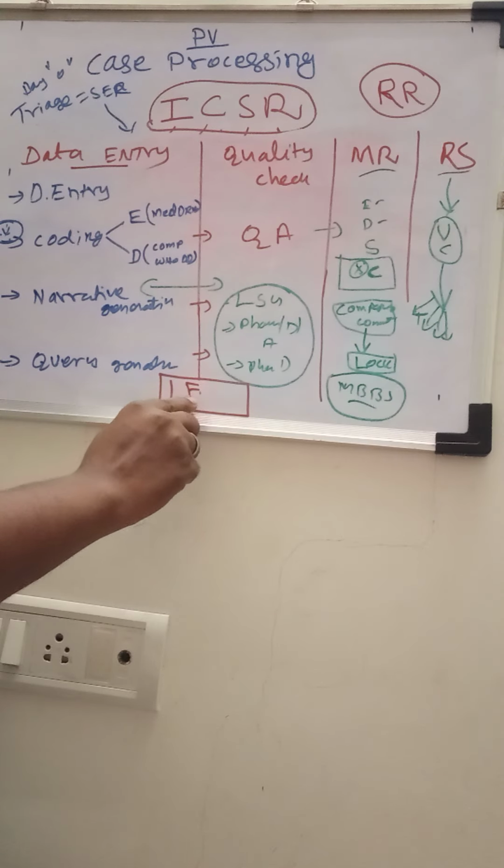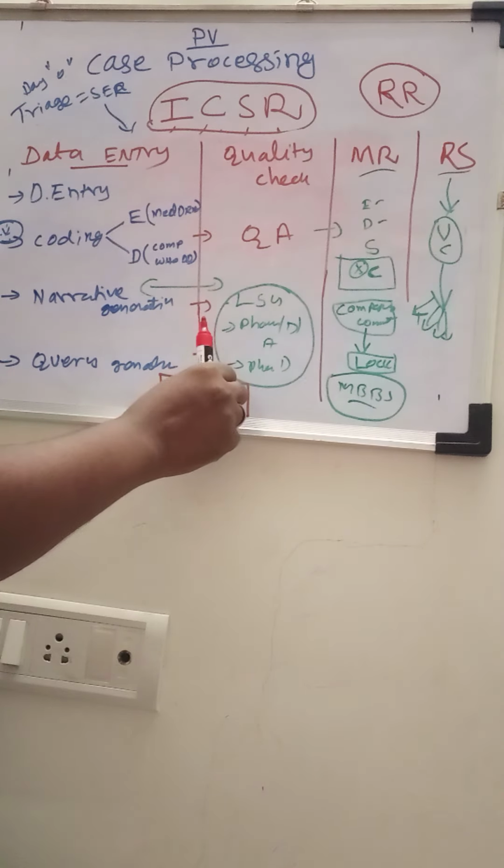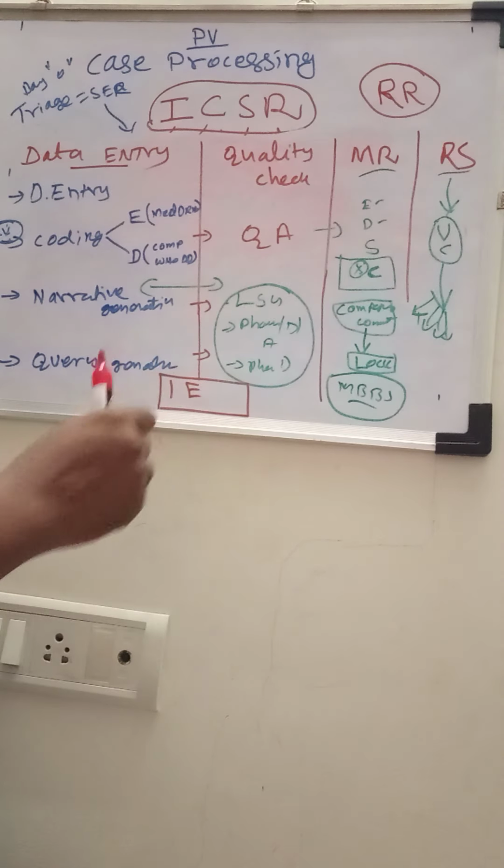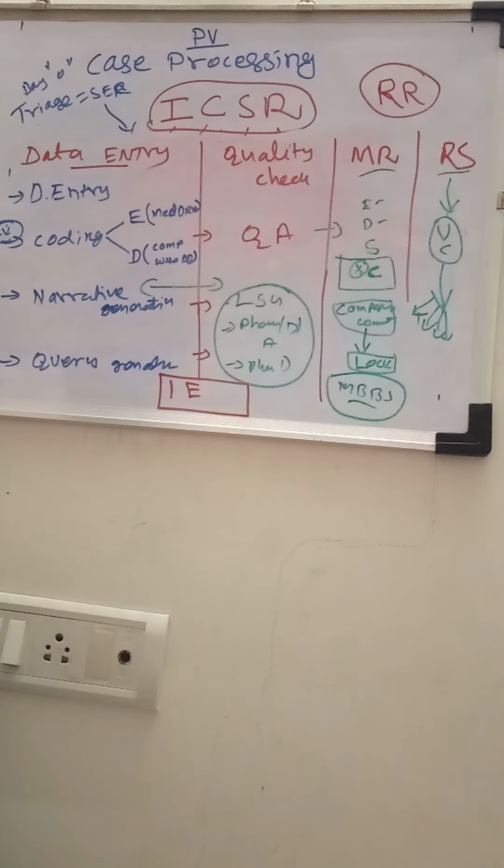There is a reporting criteria. In ICSR, each department gets different products and different cases from different therapeutic areas. They want to expedite each and every case based on the seriousness criteria and the regulatory timeline, so the cases need to be processed out.